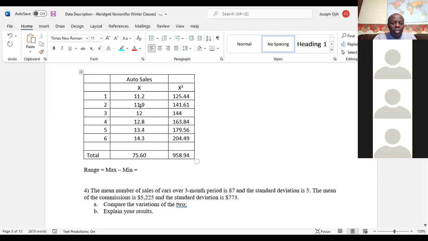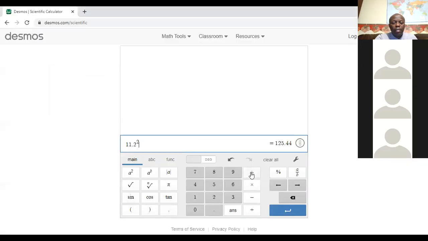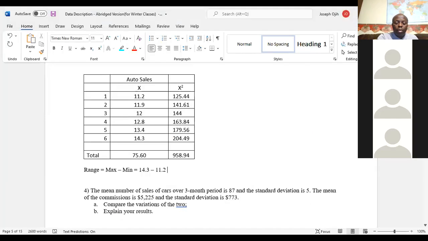The maximum number from the original data is 14.3, and the minimum is 11.2. When you subtract this on your calculator, 14.3 minus 11.2 is 3.1. So we got 3.1.